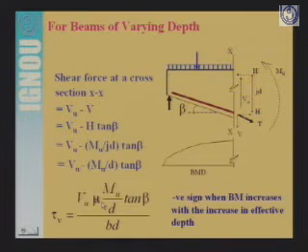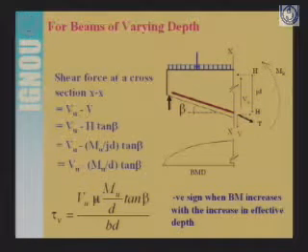So this we can prove. The second case also we can prove that positive sign will be taken in calculation of the nominal shear stress in this case of the beams where the depth is varying. So this way we calculate the nominal shear stress.